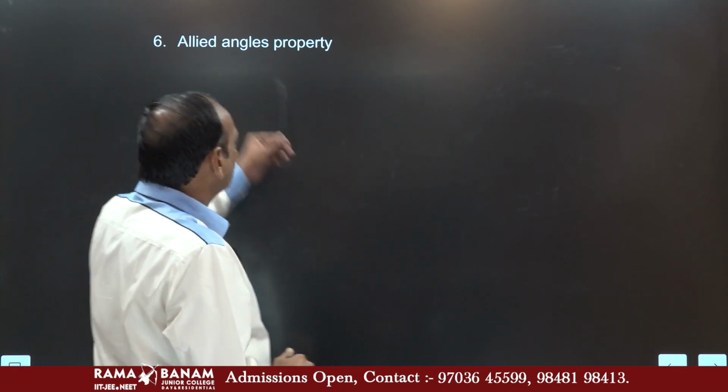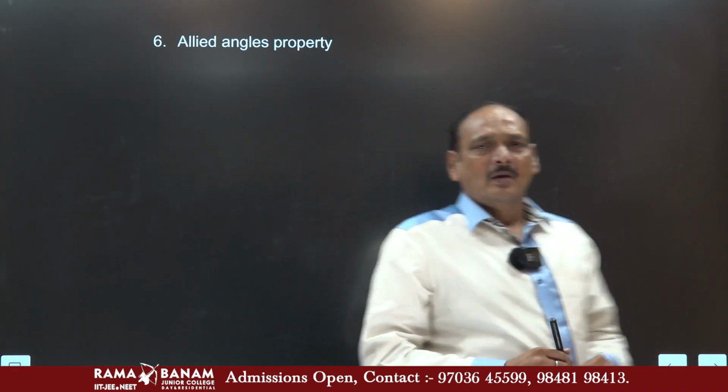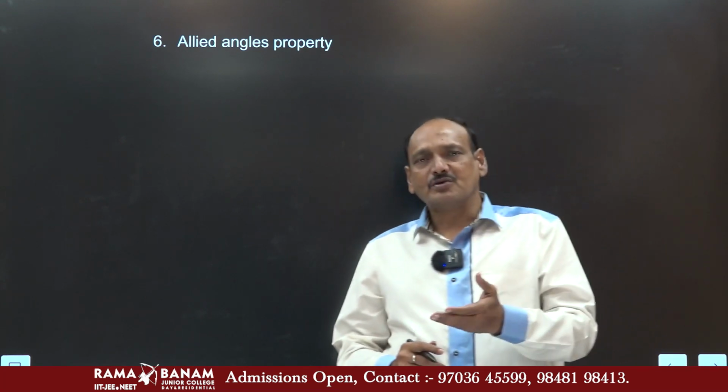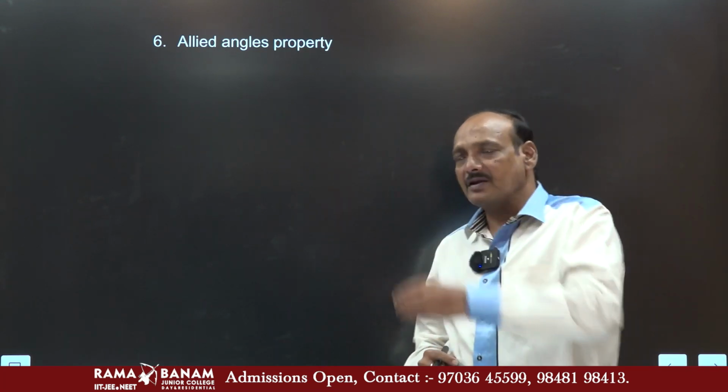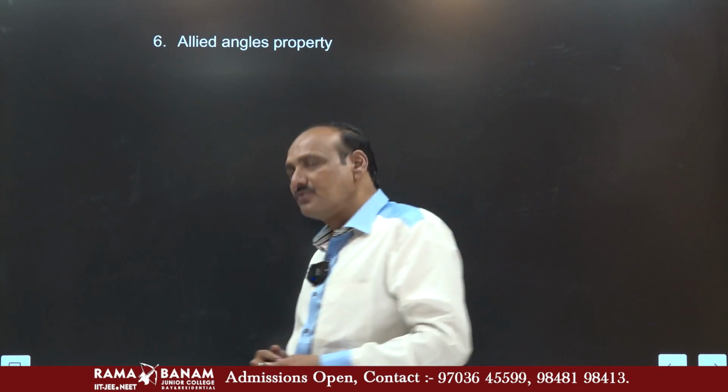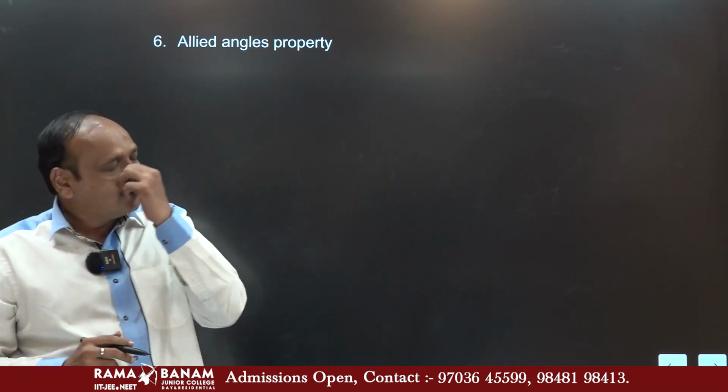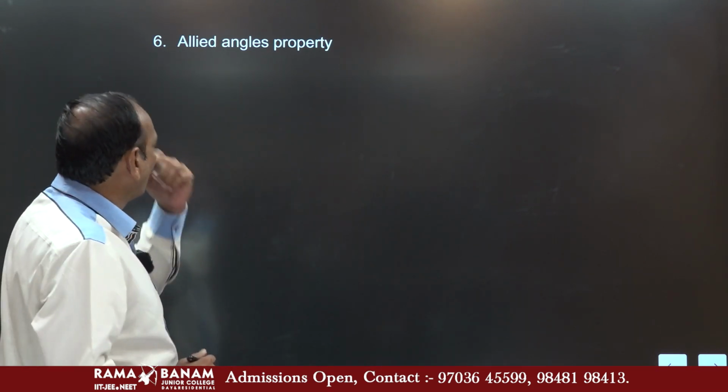Now, the allied angles property. After identities and ratios, function, domain and range, the allied angle is also most important. The allied angle means the properties of the allied angle.